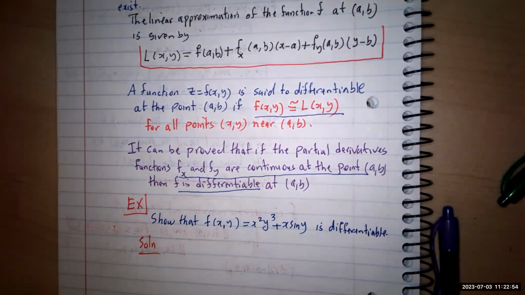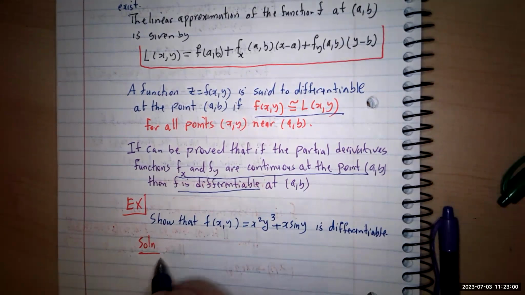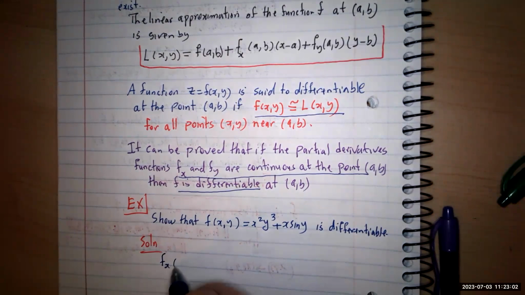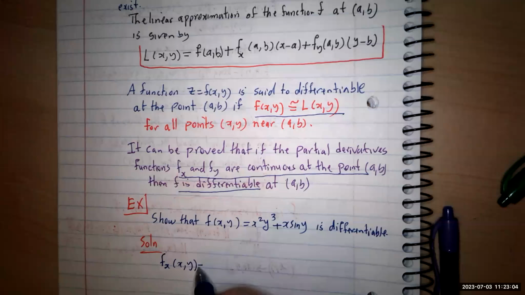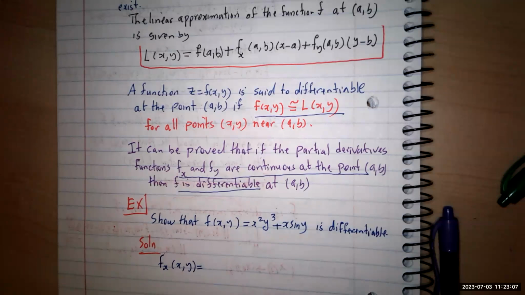Are you ready? Easy to find. f sub x at x, y: keep y constant and differentiate with respect to x. The derivative is 2x y cubed. Then with respect to x, the derivative of x is 1, so 1 times sine y, just sine y, plus sine y.